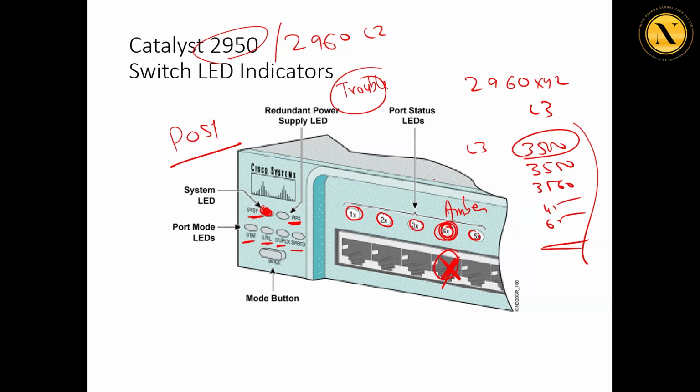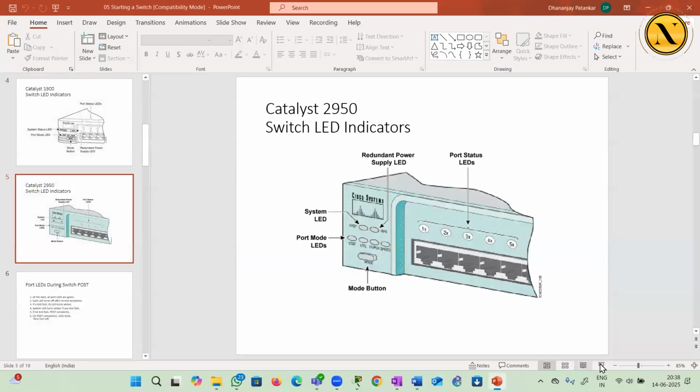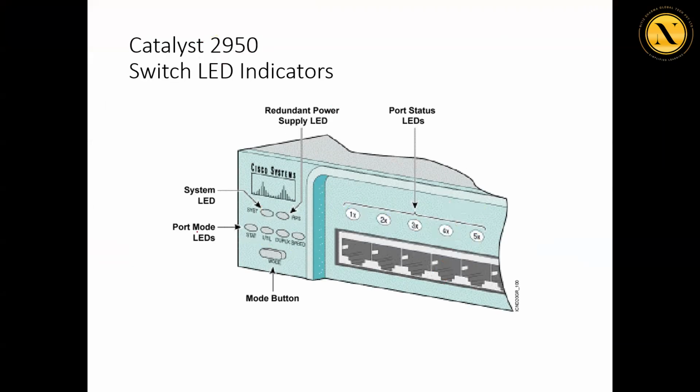Okay, now supposing these are all LEDs, I can only press this button, right? If I press it once, let's say the LED will come here on status. If I press it once more, the LED will now come here, right? If I press this button once more, the LED will move here.